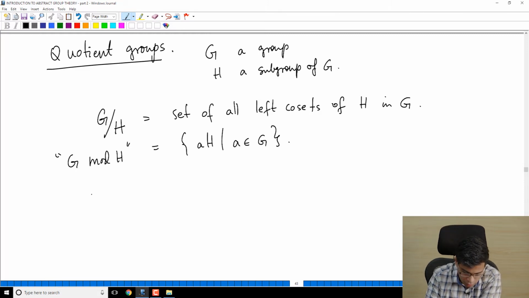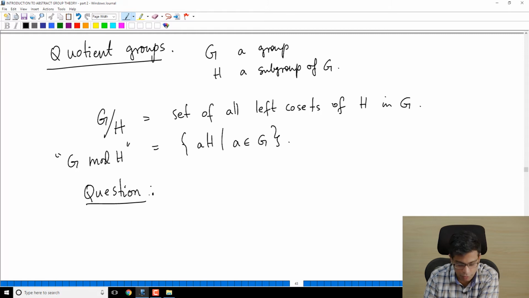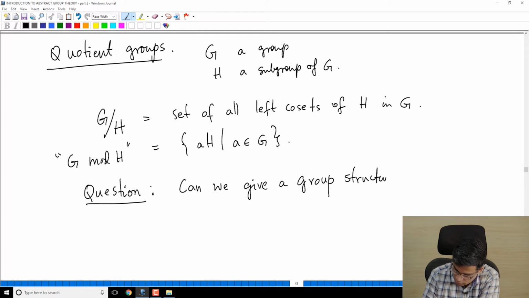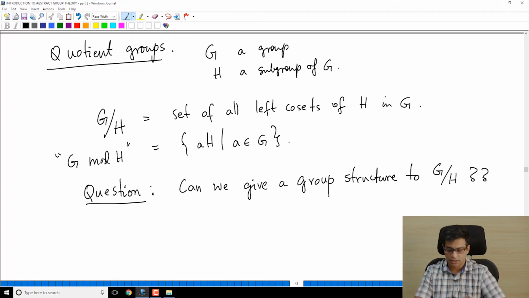So our question, that will motivate the definition of quotient groups, is: can we give a group structure to G mod H? This is the basic question that I want to address. Can we give a group structure to the set of left cosets of H in G?